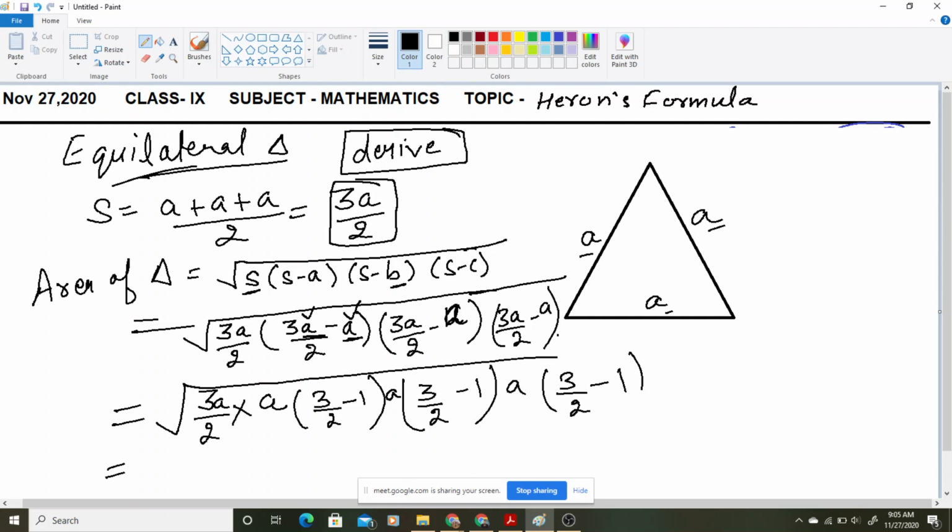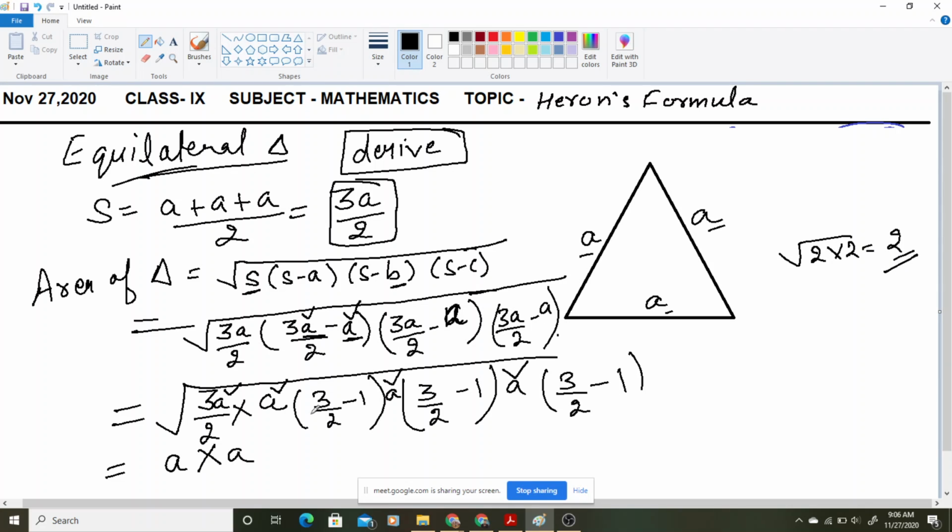Now just see, this A is making a pair with this one. It is making a pair, so I am taking this A common. Then this A is making a pair with this one, so I will take one more A out of the root. I am taking this one out of the root, because if anything is in pair inside the root, suppose I am having under root 2 into 2, I can write it equal to 2.